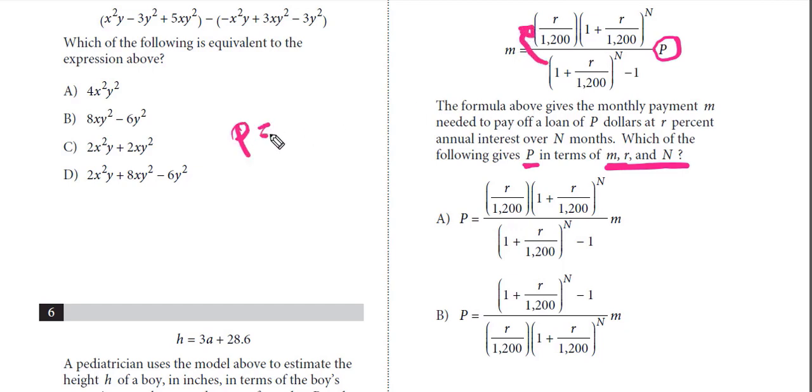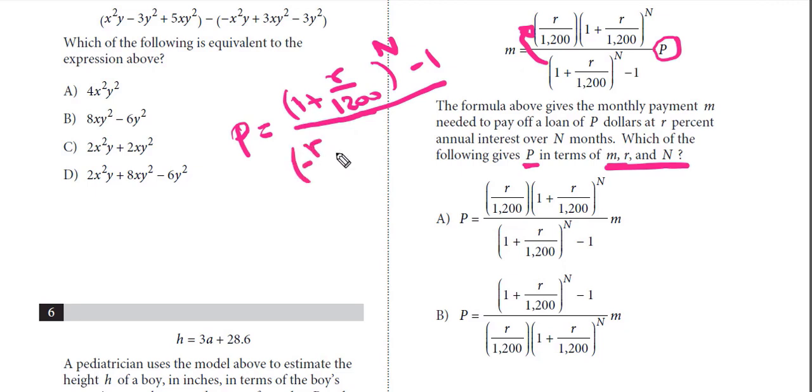Then p will be 1 plus r over 1200, all to the power n, minus 1, over r over 1200 multiplied by 1 plus r over 1200 all to the power n, multiplied by m, which is b.